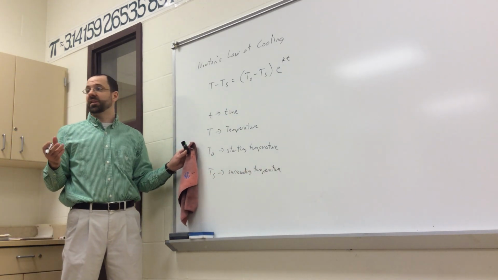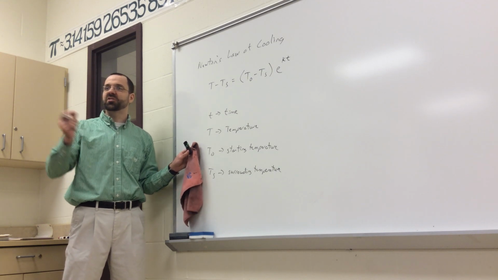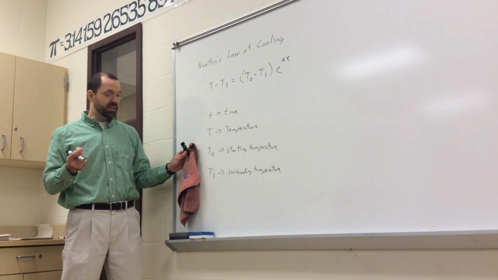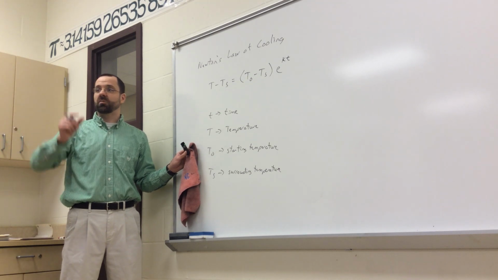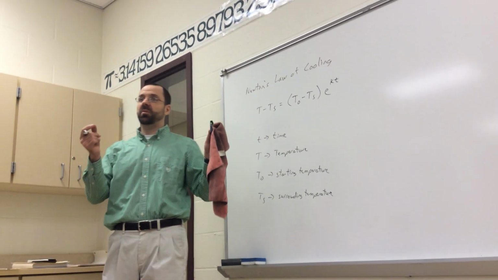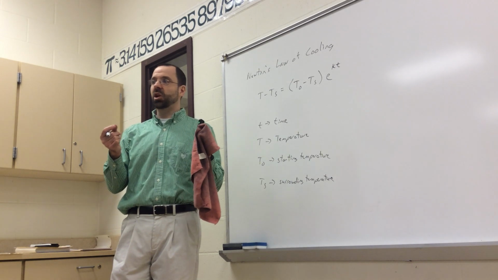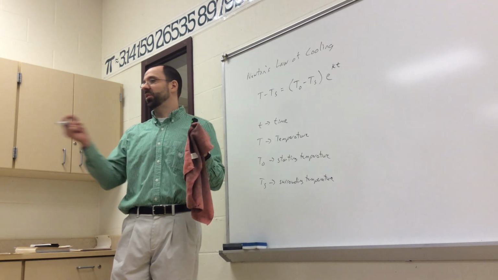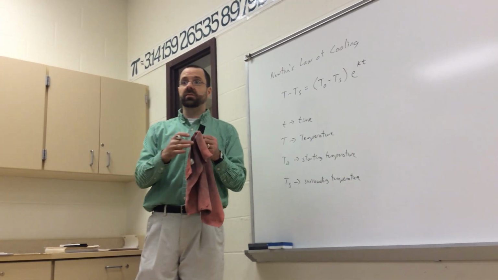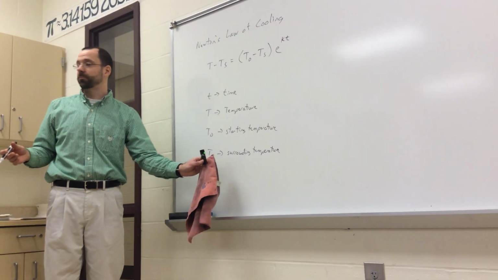So with our cup of coffee example, T0 is what the temperature of the coffee is when you take it out of the microwave, the starting temperature of the coffee. And then the Ts is the temperature of the air around it. Because that's important, right? Because you all know that if you take a cup of coffee and you just put it in the air, it's going to cool down slower than if you put it in the fridge. So the surrounding temperature helps figure out what the temperature is going to be. So that's why that's in there.